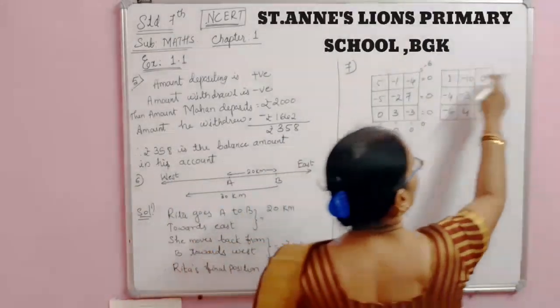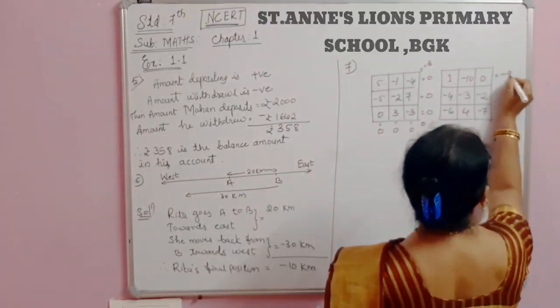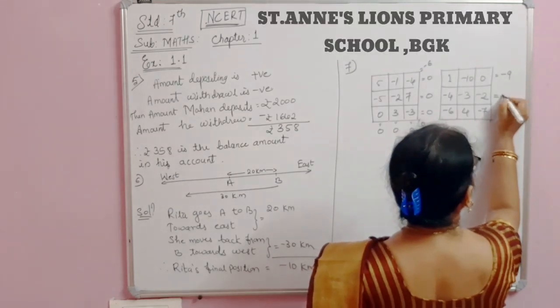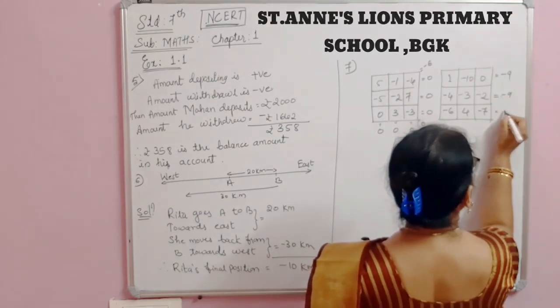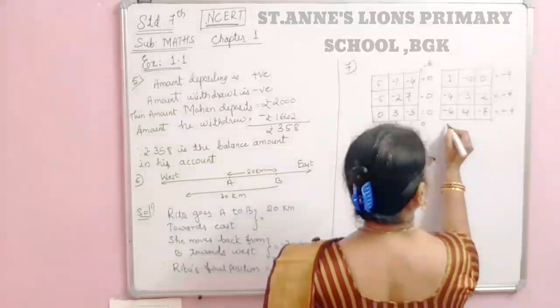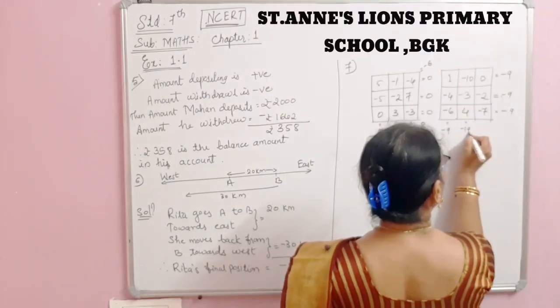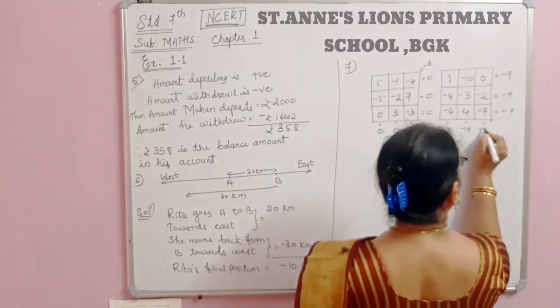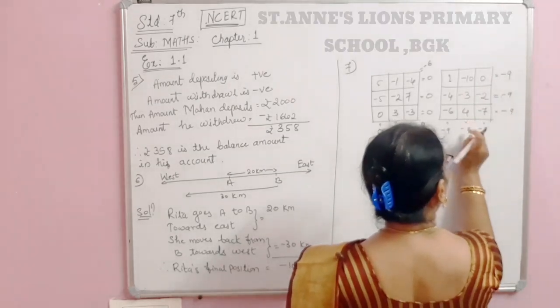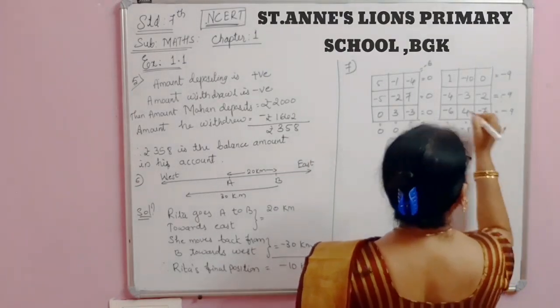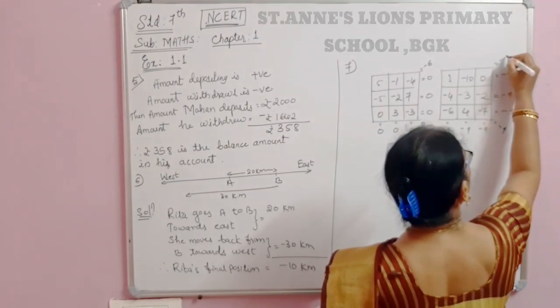So now this we'll see. This is minus 9, this is minus 9, and this is minus 9. Vertically also minus 9. This also minus 9. Even diagonally also minus 9. Even this diagonally also minus 9.